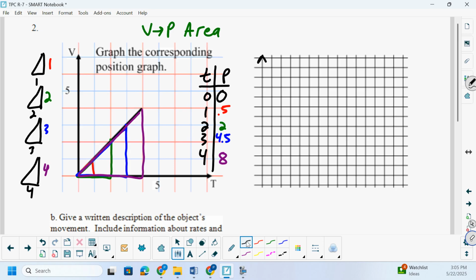So we'll draw in our axes, and we'll label our P on the y-axis for position and T for time on the x-axis. We only have to get up on the y-axis to 8, so again, it is fine to scale by 1s.